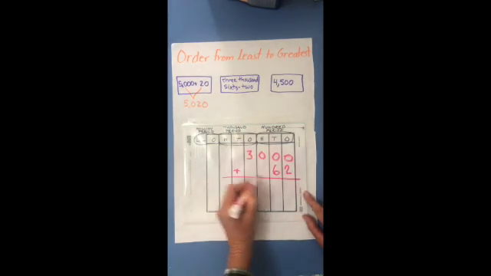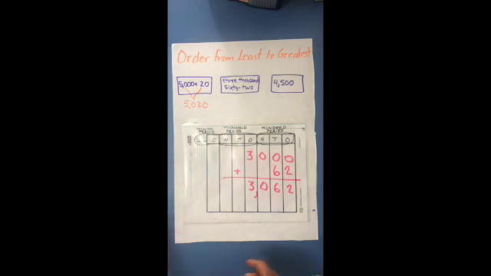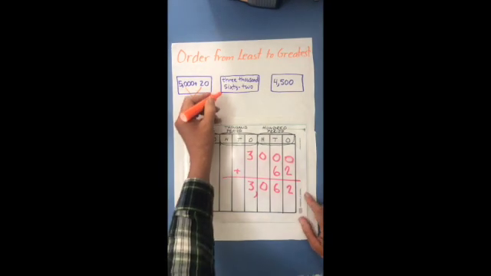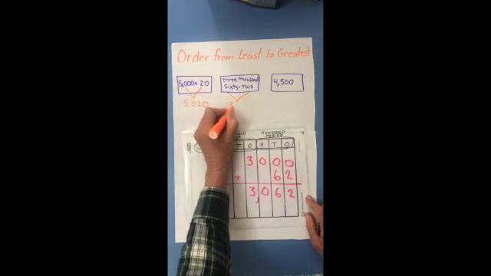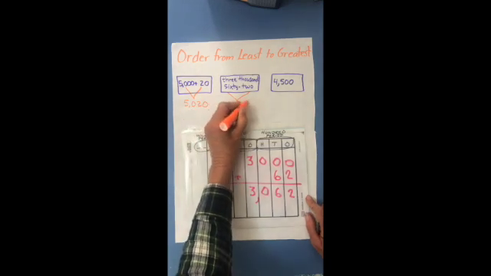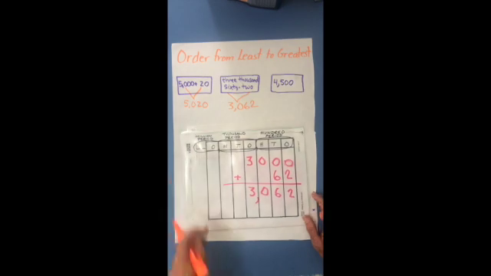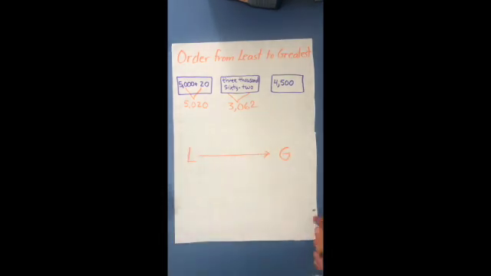I'm going to add these up. 2, 6, 0, 3. And now I have my new number. Instead of word form, I'm going to write this in standard form, which is 3,062. And now I've taken something that was incredibly hard and I've made it super easy.